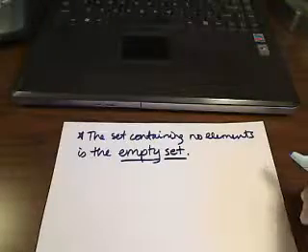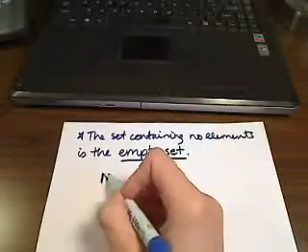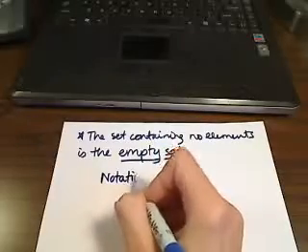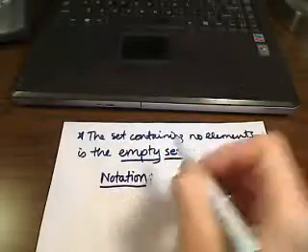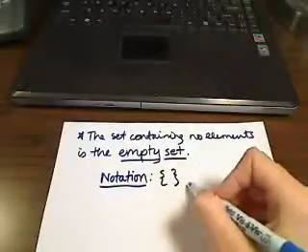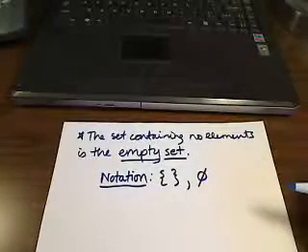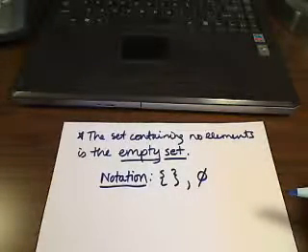Okay, now the empty set is not the same thing as 0. First of all, let me just show you the notation. There are two different notations for this. We can use just squiggle brackets with nothing in them, or we can use a 0 with a hash mark through it. Okay, either of these things represent the empty set.